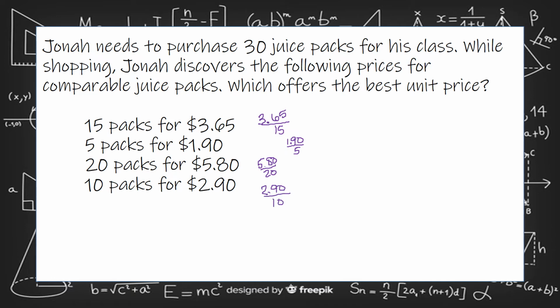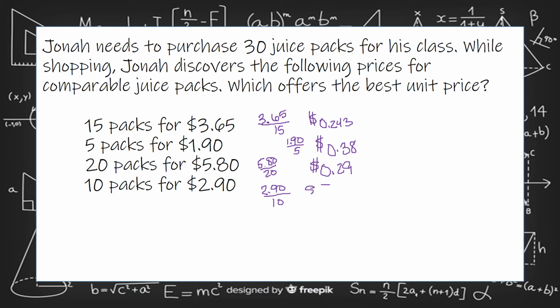So we can go through and do each of these divisions. The first is 3.65 divided by 15, and it comes out to 0.243 each. The next one is $1.90 divided by 5.